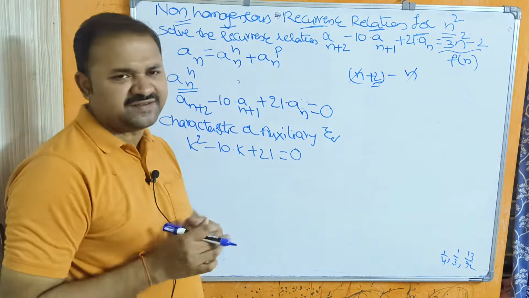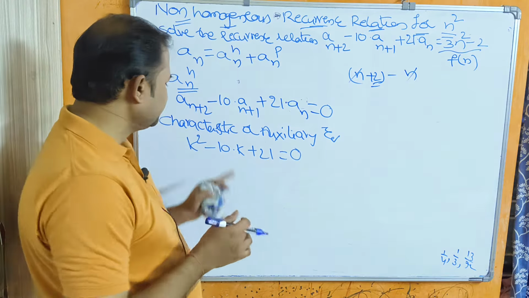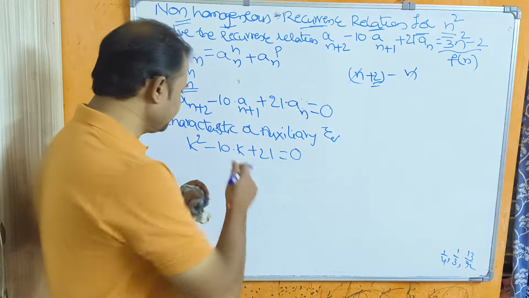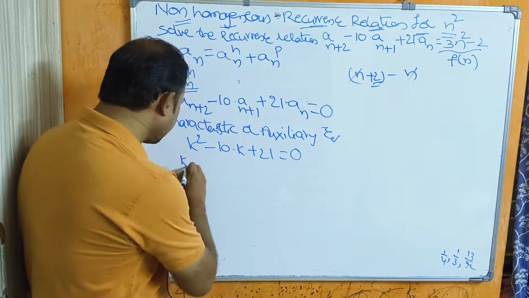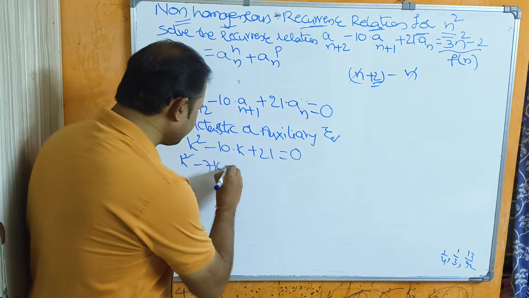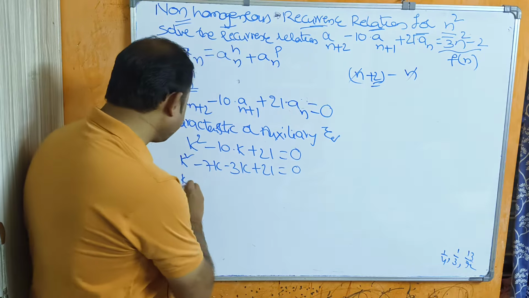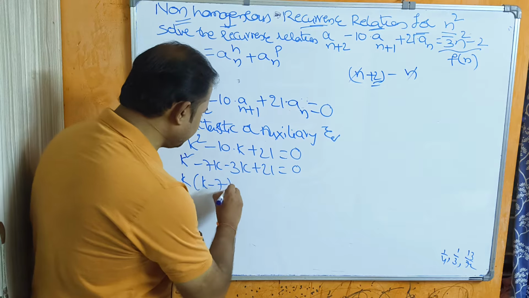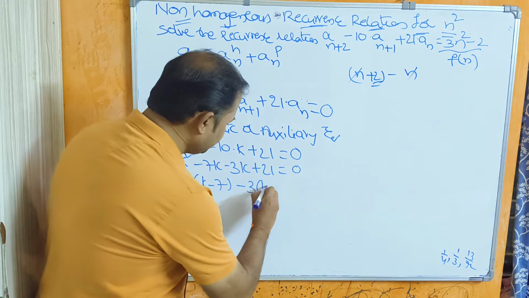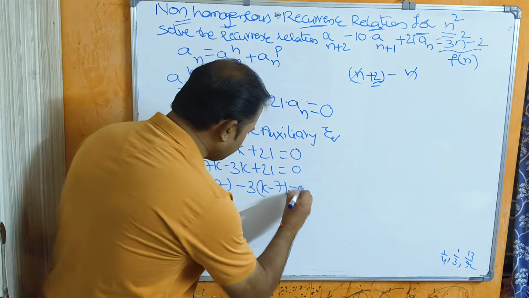If we multiply, then we have to produce 21 into k square. If we add, then 7, 3, that is 10. So the roots are 7 and 3. So k square minus 7k minus 3k plus 21 equal to 0. So k is common, so k into k minus 7. Here minus 3 is common. So minus 3 into k minus 7 equal to 0.